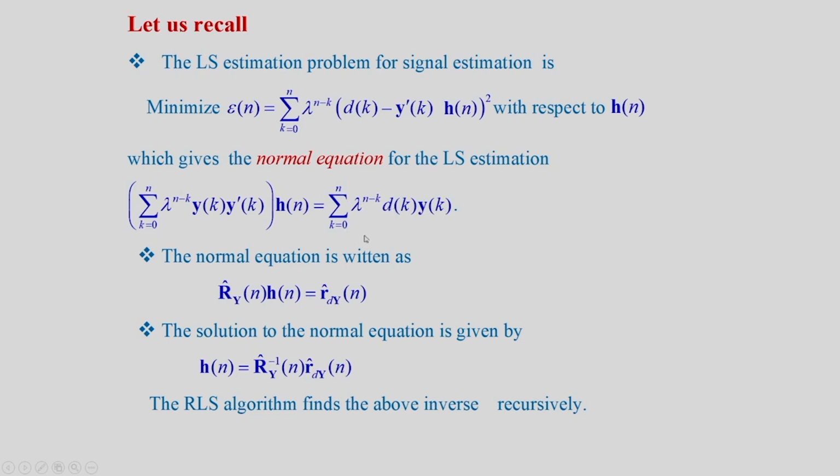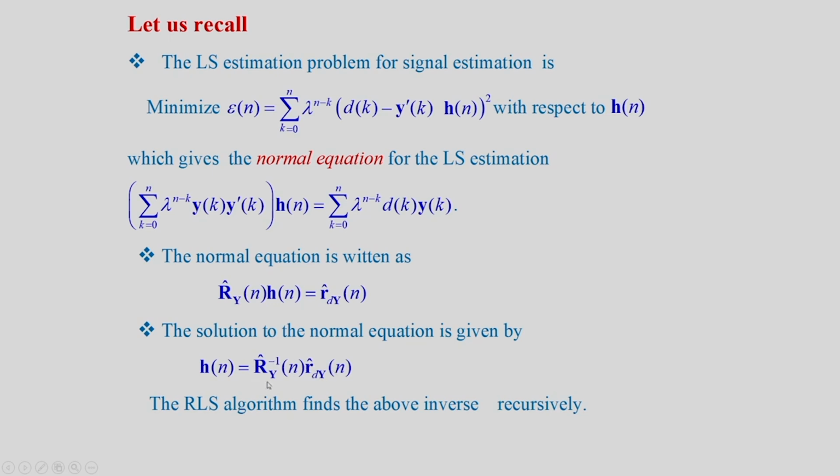We write this in usual notation as Ry hat n into hn is equal to r dy hat n. This is the normal equation, and we can solve it by matrix inversion. Hn is given by Ry hat inverse n into small r dy hat n.